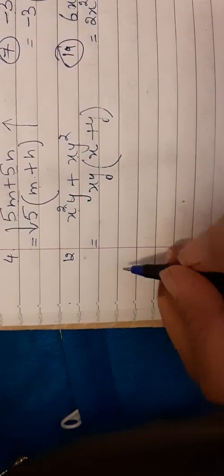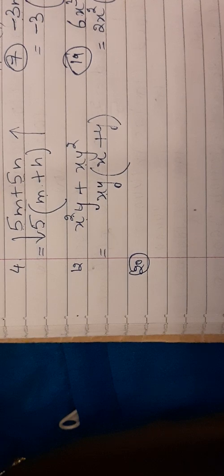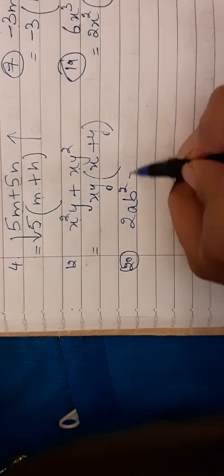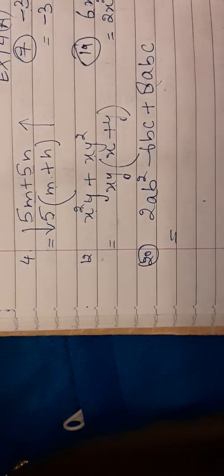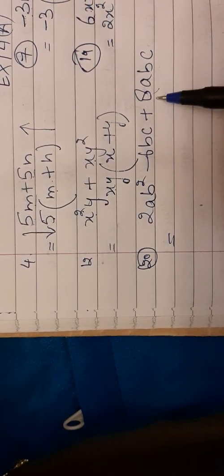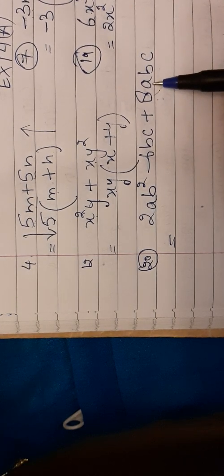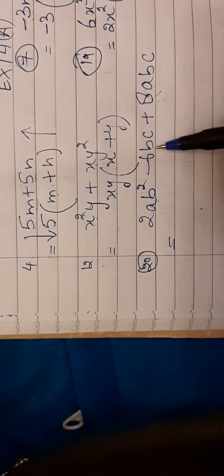And now I am taking up one more question for you, which is your 20th question. 20th question is having the expression as 2a square b minus 6bc plus 8abc. In all the three terms, which is a trinomial, take out the common factors. You see 2 is common. a is present in the third term, but there is no a in the second term, so a cannot be taken common, because minus 6bc is not having a.